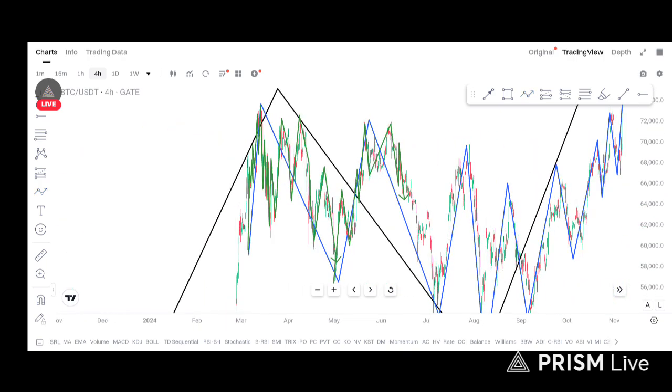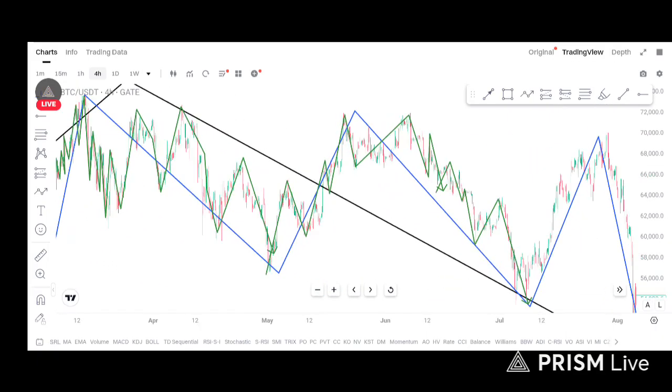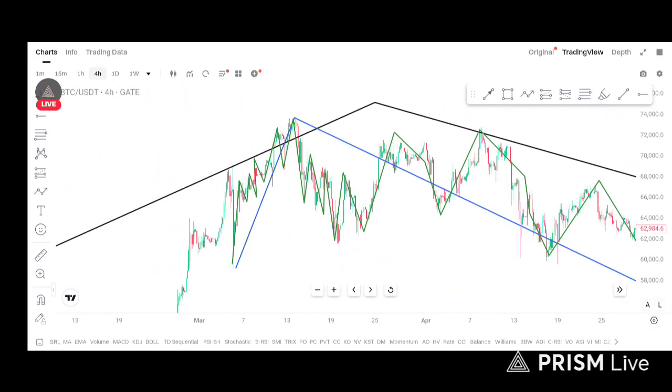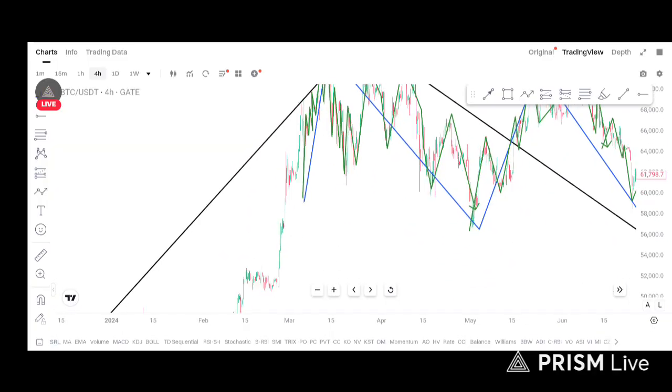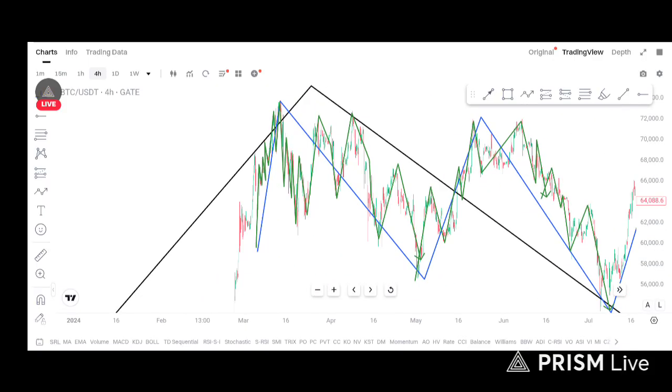Same thing if you go to the next time frame lower, the downtrend is there. This is what you are going to be seeing. If you step to the next time frame lower, exactly the same thing. This is what is going to continue happening to infinity.